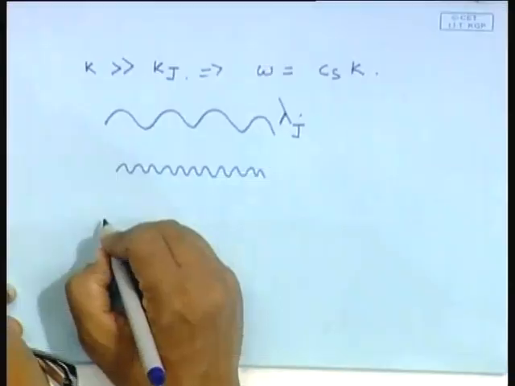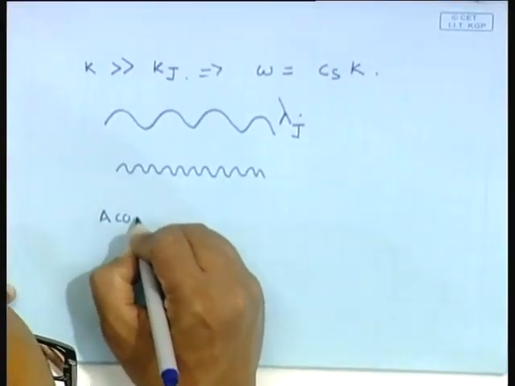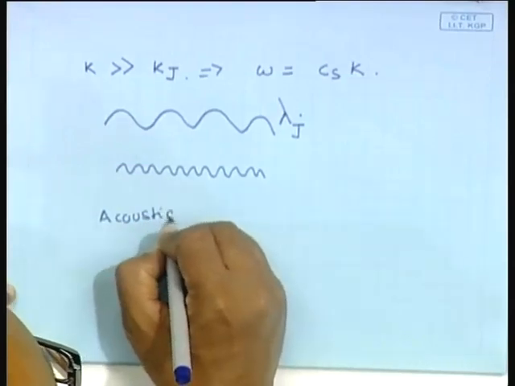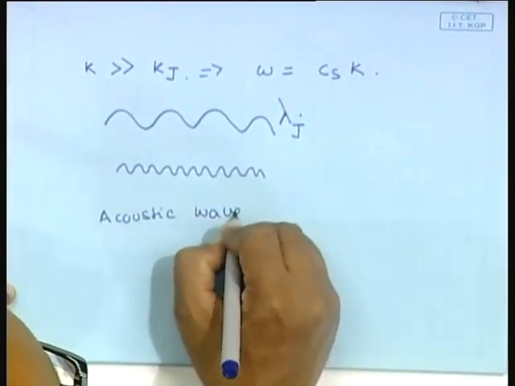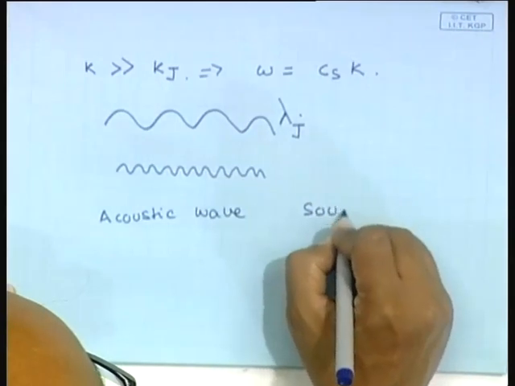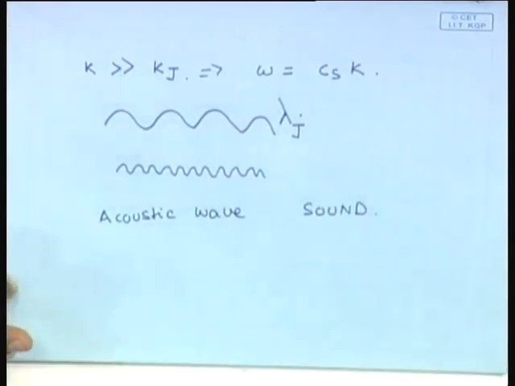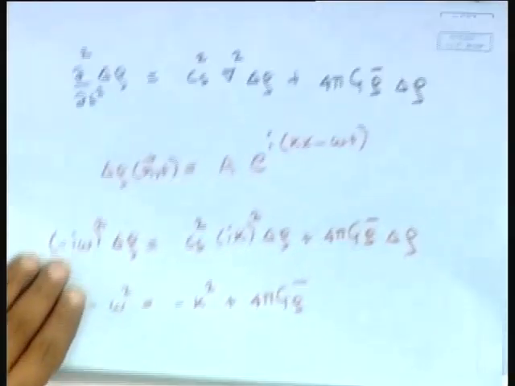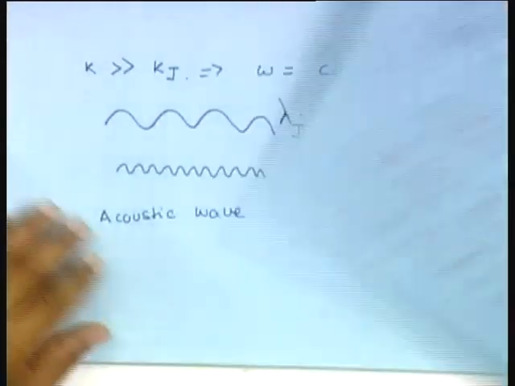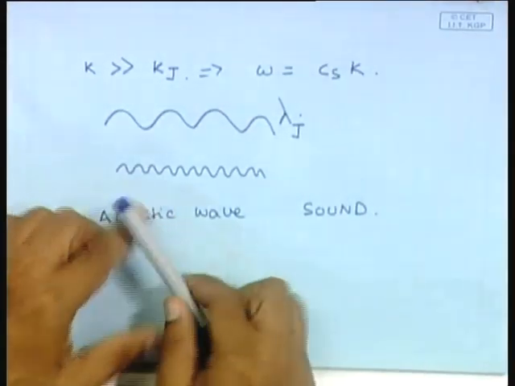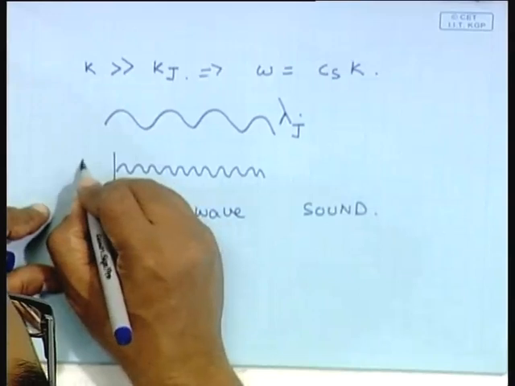So these are sound waves, acoustic waves. In this gas you have produced sound waves. So you have an interplay of two things. This shows you the delta rho.